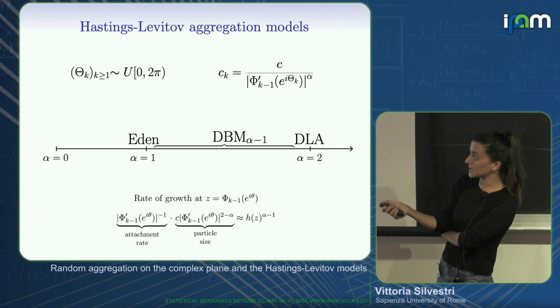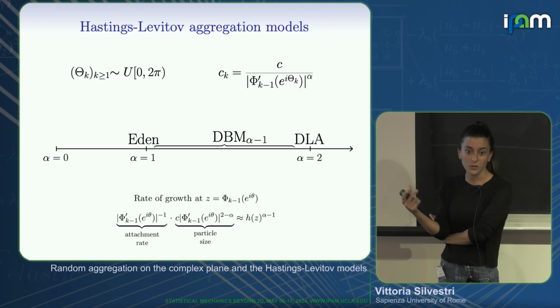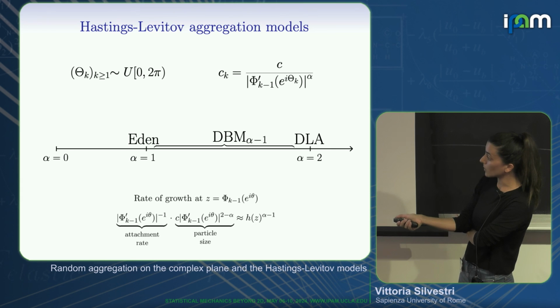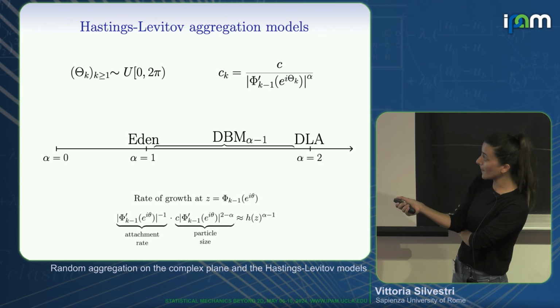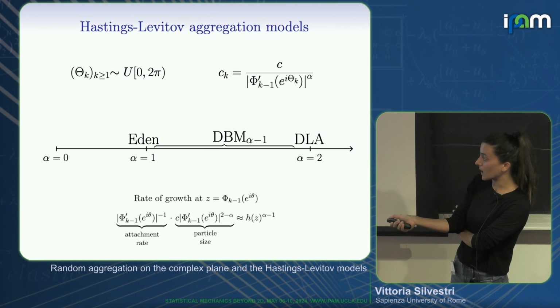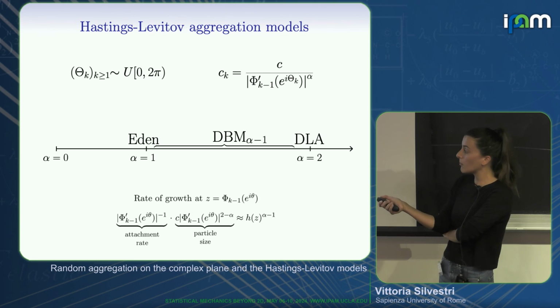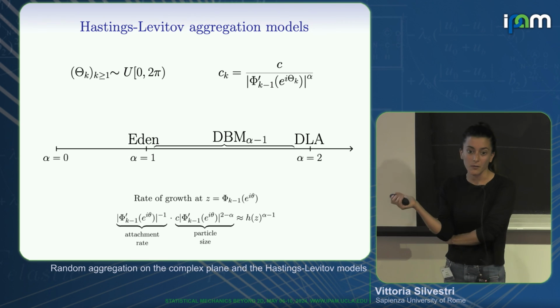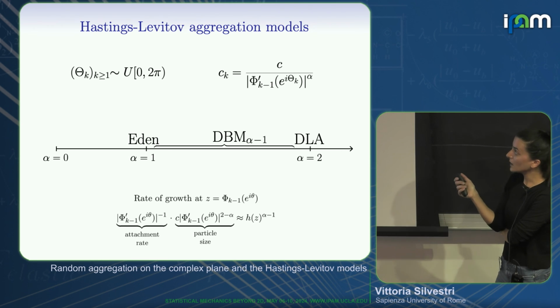And so you should see something like the Eden model, a continuous version of the Eden model. When alpha equals 2, you're growing according to harmonic measure, and you should see DLA. Between 1 and 2, you should see the dielectric breakdown model with parameter alpha minus 1. But nothing prevents you from considering other values of alpha. And these are the Hastings-Levitov models.